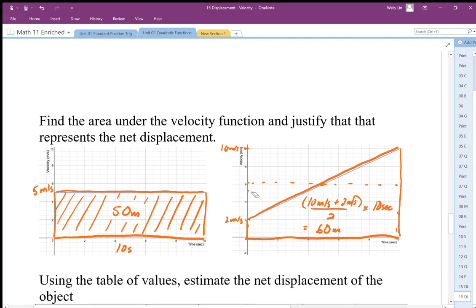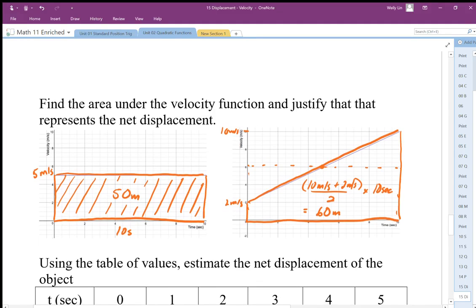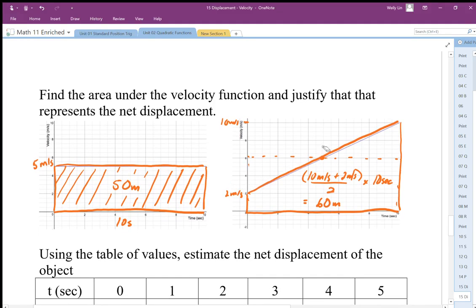Now, if we take a look at the area here and the area here, this trapezoid area is probably going to be about 60 meters. Yeah, that seems to make sense. If we start at 2 meters per second and end up at 10 meters per second, we're traveling slightly faster on average than this situation on the left. And for the same amount of time, it looks like we traveled a little bit further using this accelerating situation where the velocity is changing.